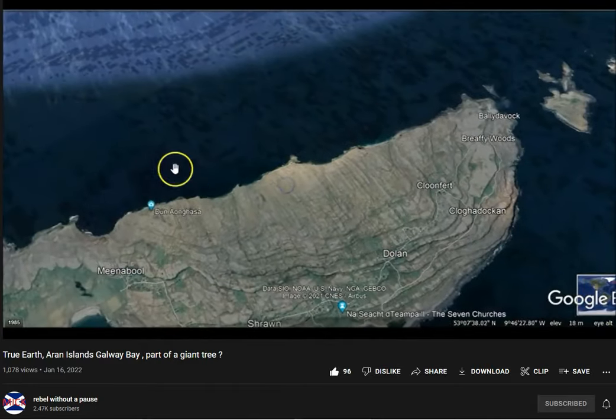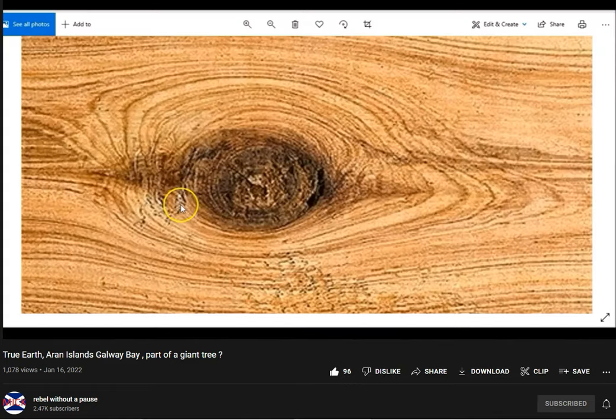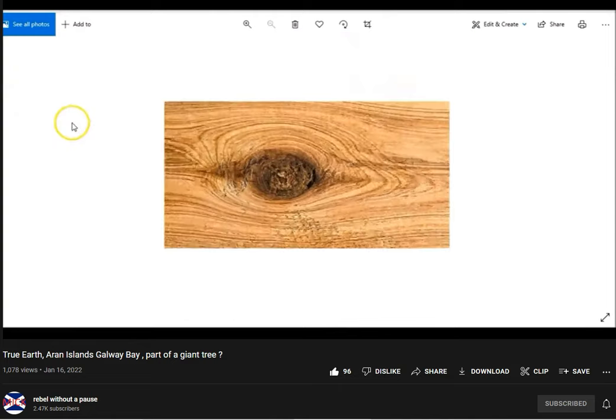And half of it's missing. Right, for example, if this was worn away, then you would see the different layers that we see on the island, right?